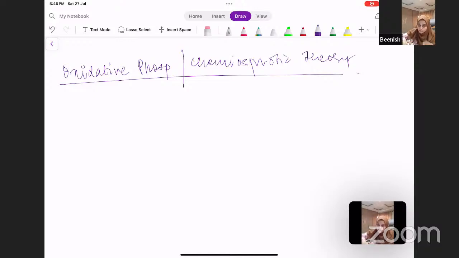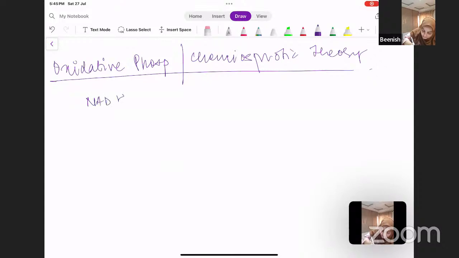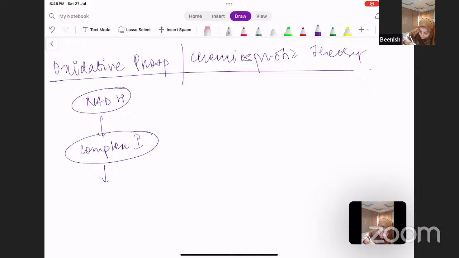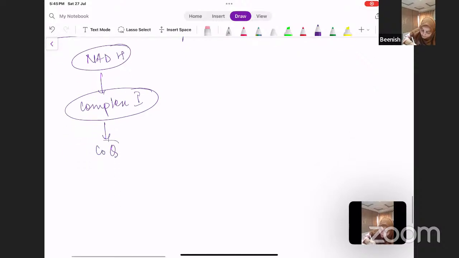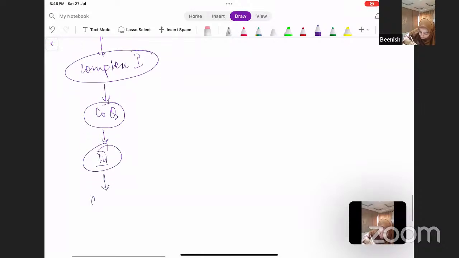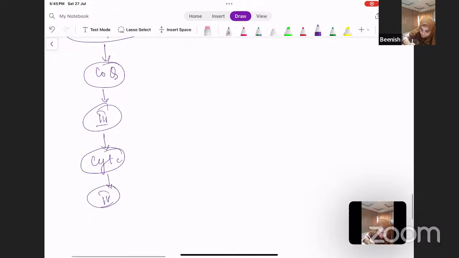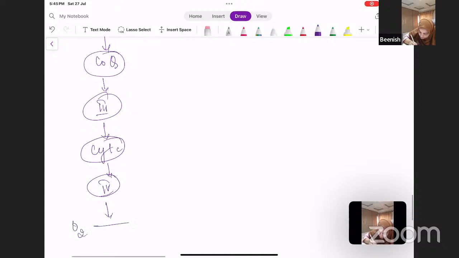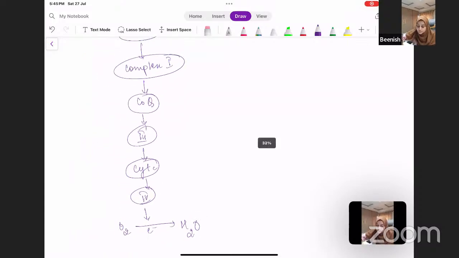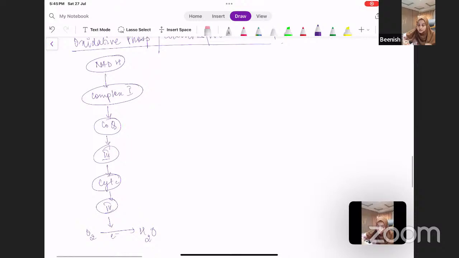If we talk about NADH, the electrons were being given to complex 1, and from complex 1 to coenzyme Q, from coenzyme Q to complex 3, from complex 3 to cytochrome C, and from cytochrome C to complex 4, and finally from complex 4 the electrons were taken up by oxygen, and oxygen was completely reduced to water. So this is the flow of electrons for your NADH.